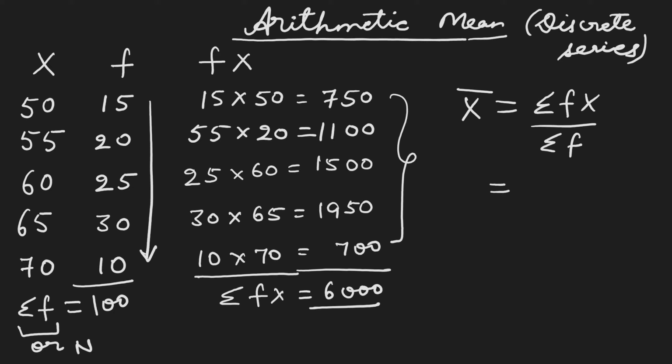Summation fx is equal to 6000, so we will write 6000 here divided by summation f, that is 100. Then we will cancel out these two zeros with this, and our final answer will be 60. So this is the value of arithmetic mean in discrete series by using direct method.